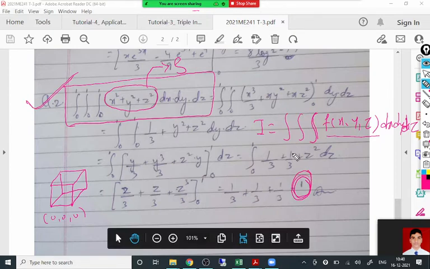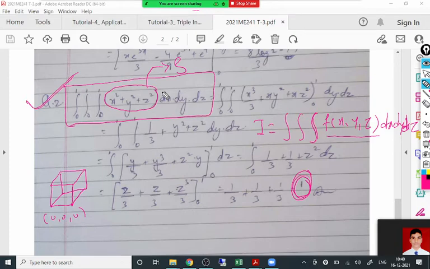You do the same thing, the triple integral of x square plus y square plus z square over the limits of the cube, and you get 1 as the answer. So the mass of that cube is 1 unit. Whatever the unit for the mass, you can write it in front of that. Is that clear?